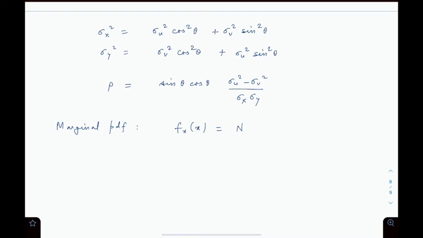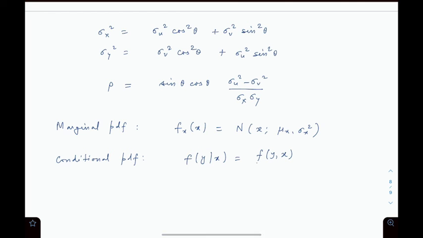And the conditional PDF, say f of y given x, is the joint PDF of x and y divided by the marginal PDF of x.